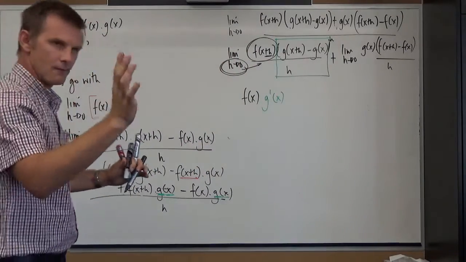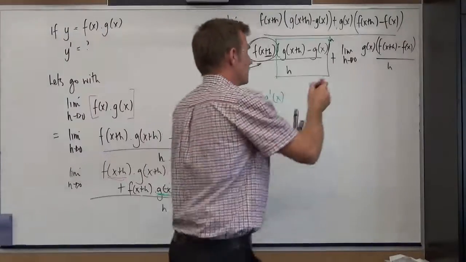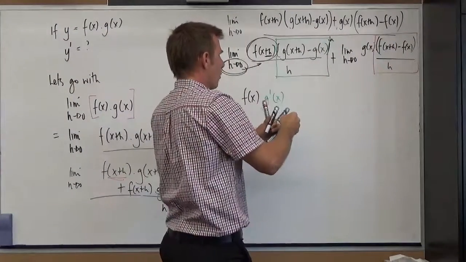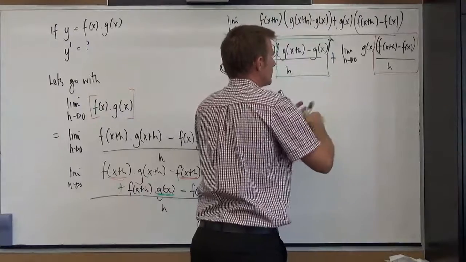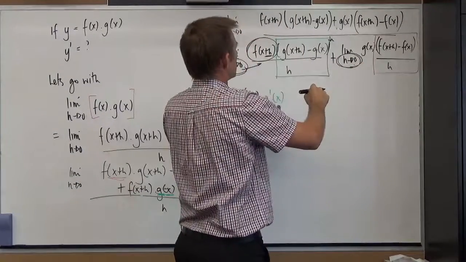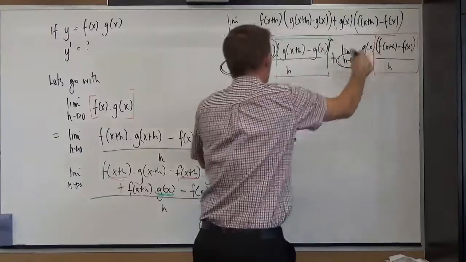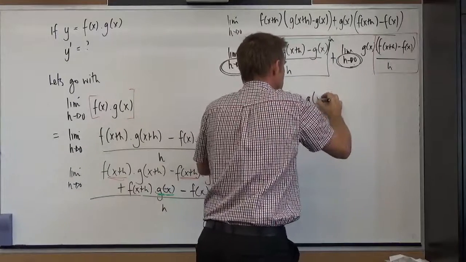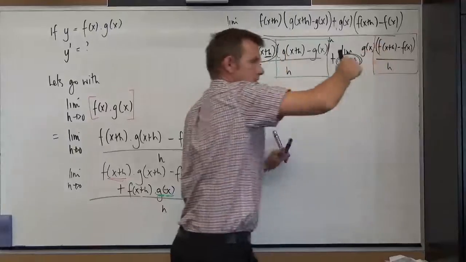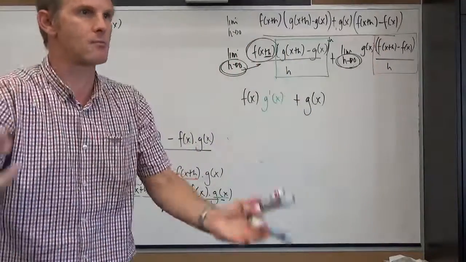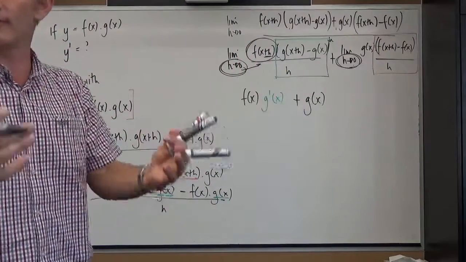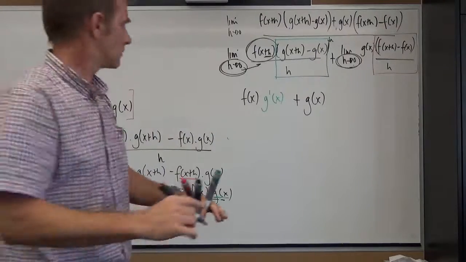And if that didn't quite fit with you, follow through with the second part over here. I'll do a different colouring here. When I apply the limit as h approaches 0, oh, I don't need to here, I've got g of x. And isn't this f of x plus h minus f of x divided by h really just the derivative of f of x?